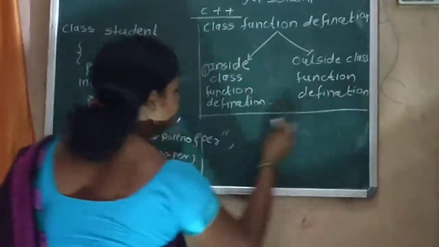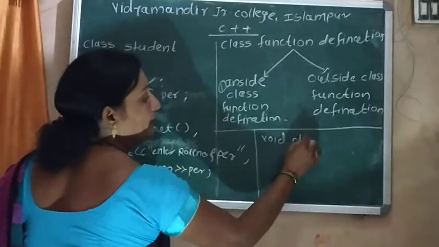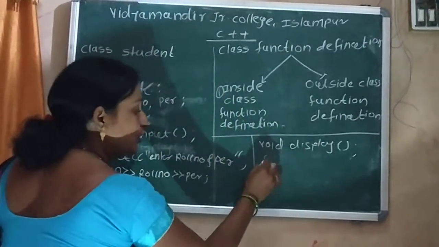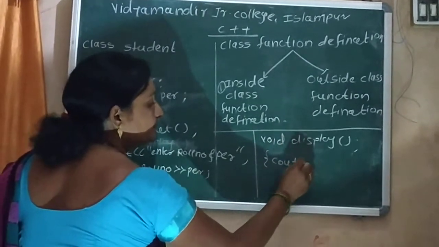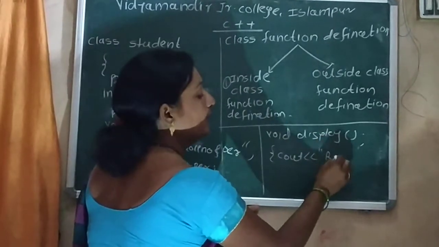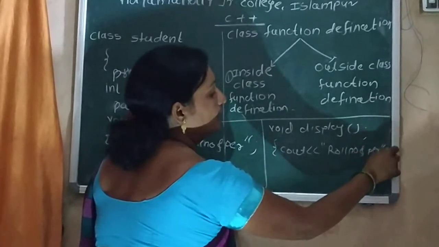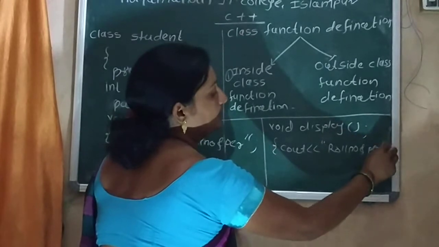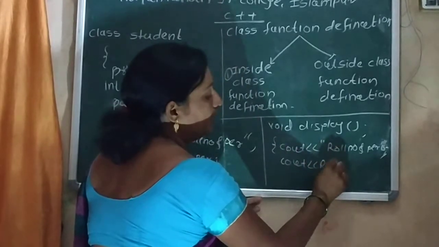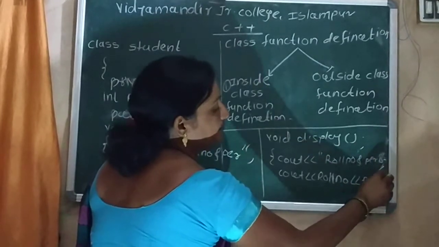Here I write void display. Declaration and use of that: cout, roll number and PER, in double quotation, complete with semicolon, cout, roll number and PER.